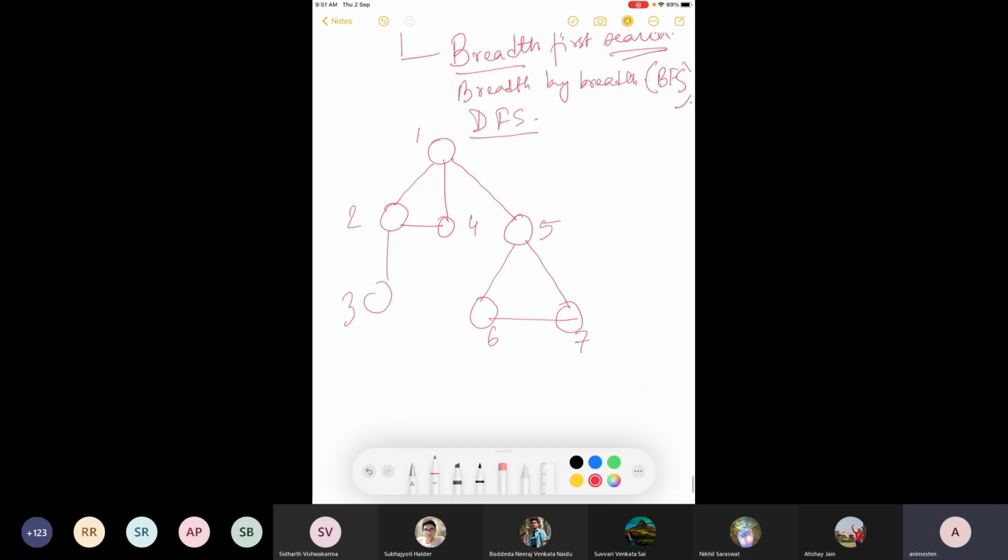A DFS, as I said, traverses depth by depth. You start from 1, not necessarily; you could start from any arbitrary vertex. In this case, let's choose 1 without any loss of generality. So we start from 1, then it moves depth by depth.